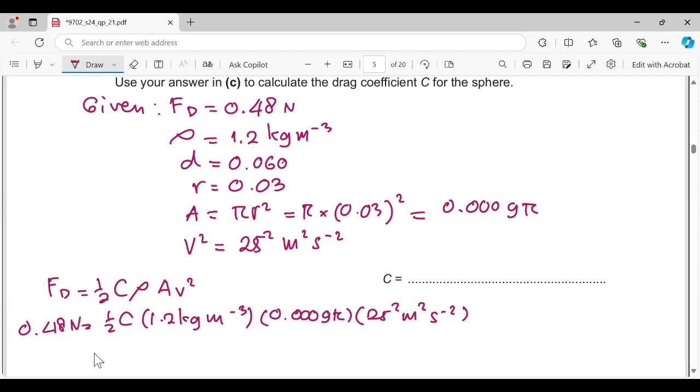If you calculate, it becomes 0.3375 pi C, and the unit kilogram per meter second squared.